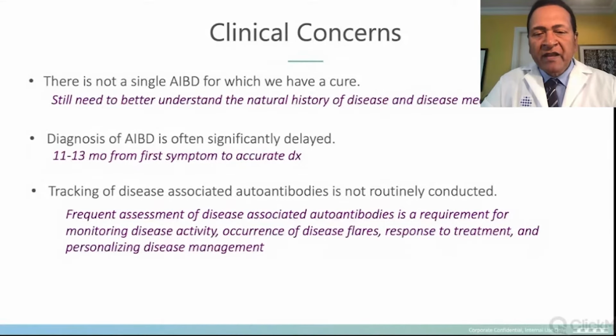Because remember, these diseases wax and wane like most autoimmune diseases, and each individual patient has their own course and their own particular response to a given therapy or therapies.